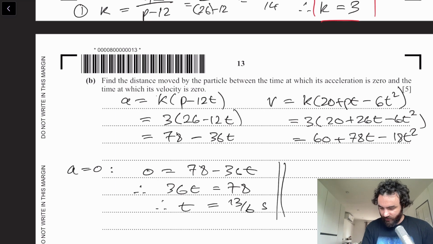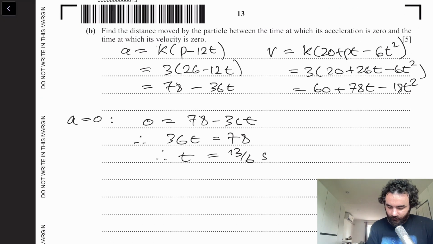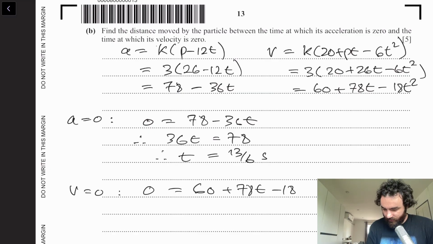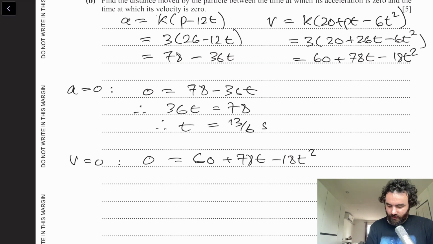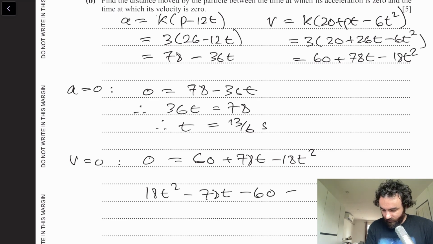And for the velocity, when the velocity equals 0, we get 0 equals 60 plus 78t minus 18t squared. Let's take everything over. So 18t squared minus 78t minus 60 equals 0.